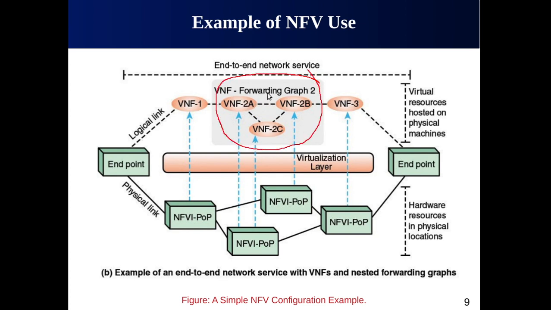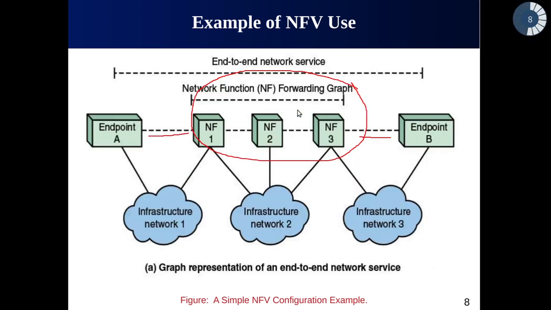Even if it is a single VNF forwarding graph, we have another like 1, 2, 3. Consider them a single unit, just like this 1, 2, 3. So this is a modular approach, but attached and connected with one another. So VNFs are modular, and every VNF will provide limited functionalities on its own.